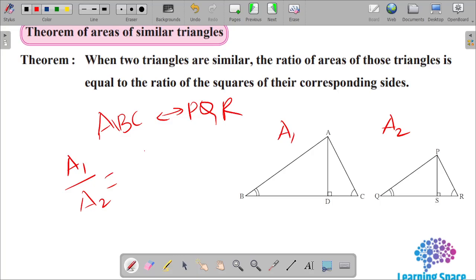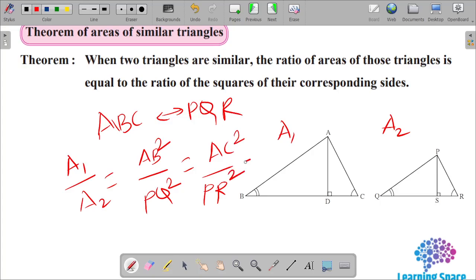So it would be AB square over PQ square, since if I'm taking AB, I have to take the PQ side of the second triangle. If I'm taking AC, I have to take PR, and not only AC but square. And third is BC square divided by QR square.